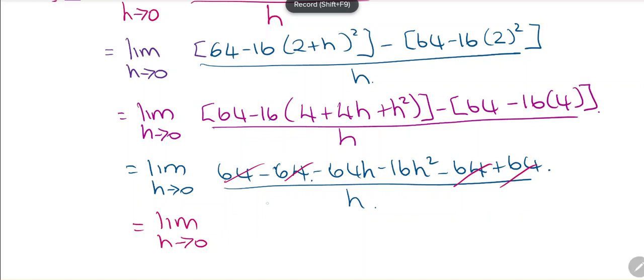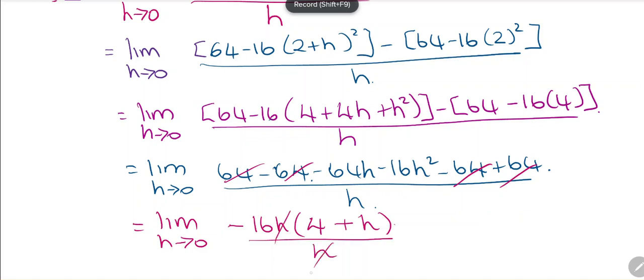So minus 16h, and this is going to give us 4 plus h, divided by h.